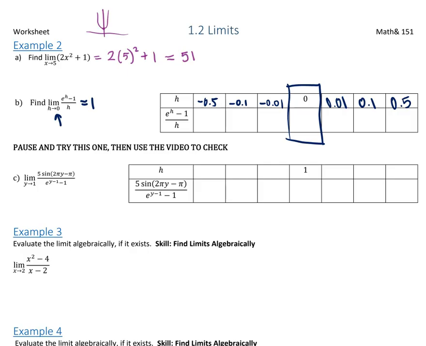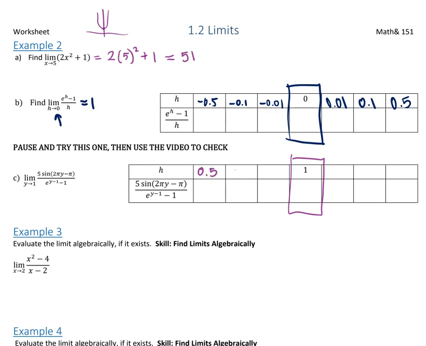What's really important here is that this time we're looking for the limit as y approaches 1. So when I set up my table, what goes in the middle of the table is 1. And that means that I'm not going to pick small negative and small positive values to plug in here. I'm going to pick values just smaller than 1 and just bigger than 1. For example, approaching from the left, I could start at 1/2.